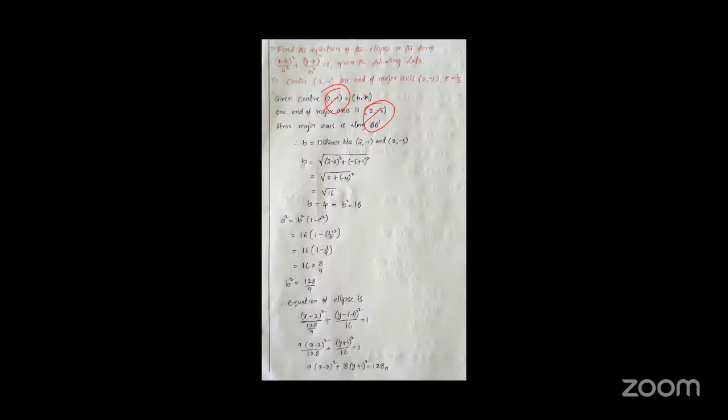So x equal to 2 is parallel to the y axis. For example, this is x axis, y axis, this is 1, this is 2. So therefore the center and the end of major axis lie on this line, that is the equation x equal to 2.